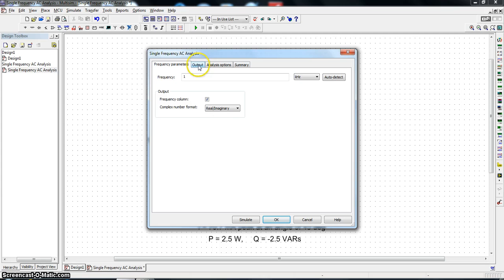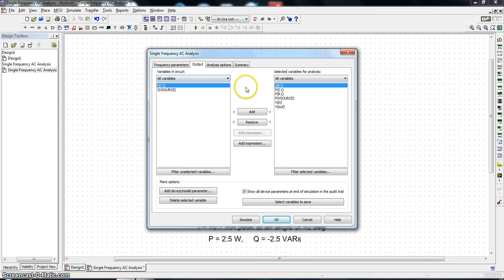Let's check and make sure we have the output set to appropriate values. Well, I have a number of parameters here. I have the current around the loop in the circuit. I have the power associated with the capacitor, the power associated with the resistance, the power associated with the source, V in and V out. The two that I don't have in the slot over here are the current through the capacitance and the current through the source.